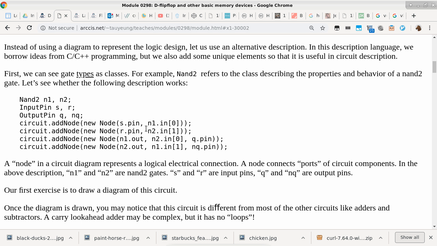So this is where things start to go a little bit interesting. The output of one gate goes to the input of another gate, but it also goes to one of the output pins. And then the second NAND gate output connects to the second input of the first NAND gate, but it also connects to one of the output pins.